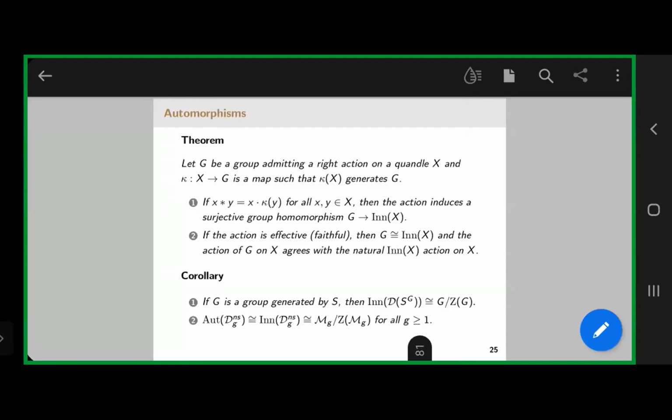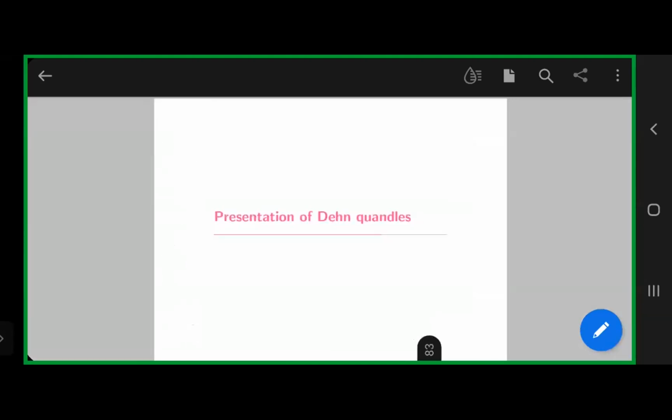But for the mapping class group, when dealing with the Dehn quandle of surfaces or the conjugation quandle of the mapping class group, one can prove that the whole automorphism group of the Dehn quandle of non-separating curves is the same as the inner automorphism group, for genus g greater than or equal to 1, and Mod(S_g) quotiented by the center. But the center of the mapping class group is trivial whenever g is greater than 2, so it is exactly equal to the mapping class group.